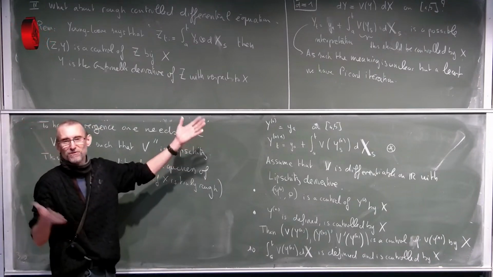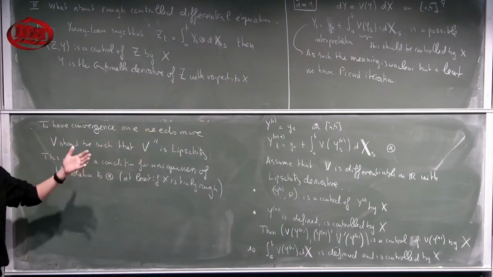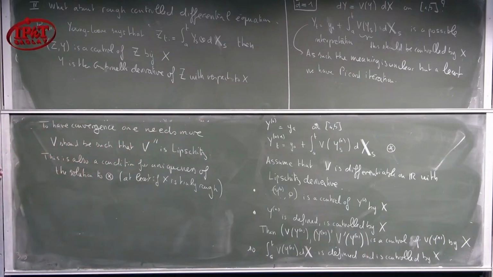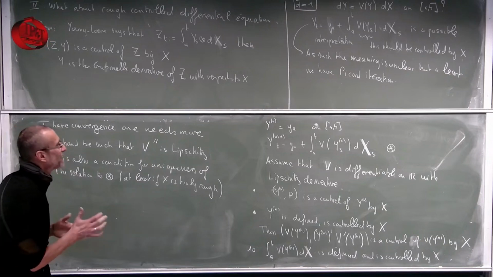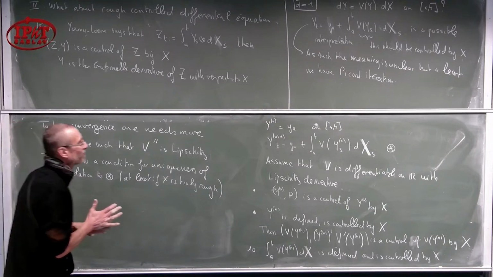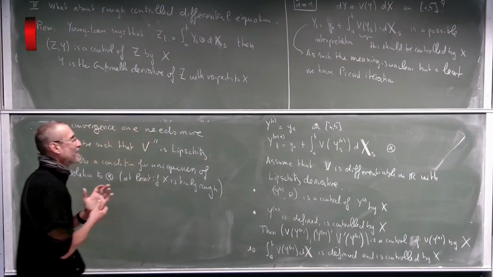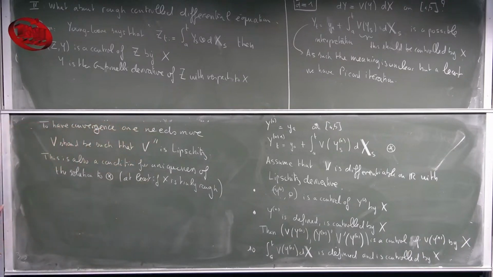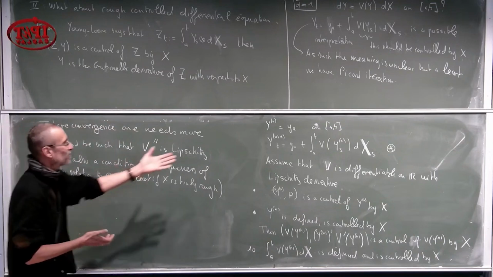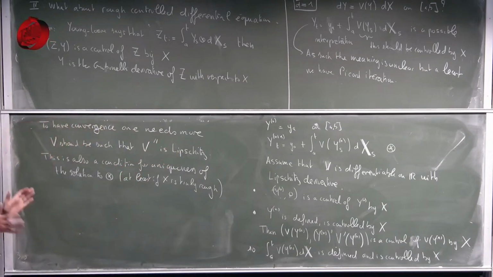When V is a continuous function, that's pretty obvious. However, to have convergence of the Picard scheme, you need the Lipschitz condition. And so you see, you need one degree of regularity more, and this is essentially the same here. So intuitively, to have uniqueness of the solution or convergence of a Picard scheme, you need one more degree of regularity than what you need just to have the Picard scheme well defined.